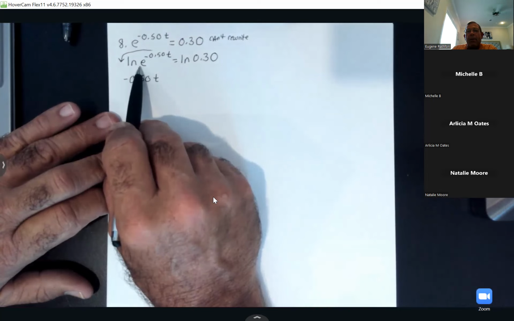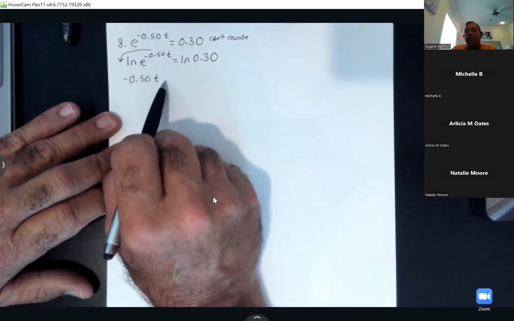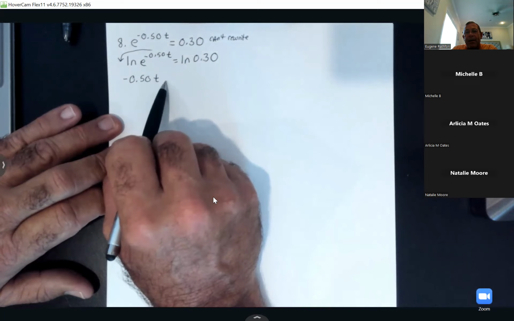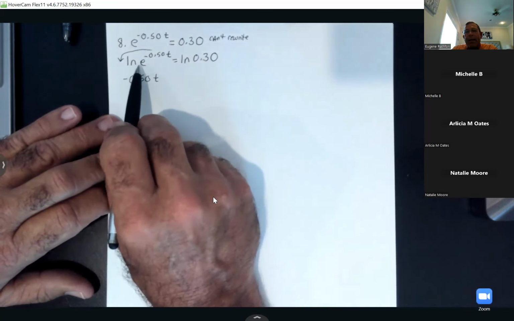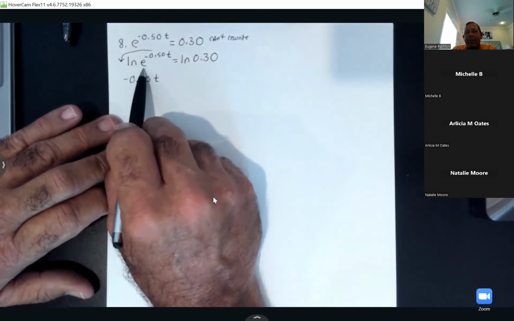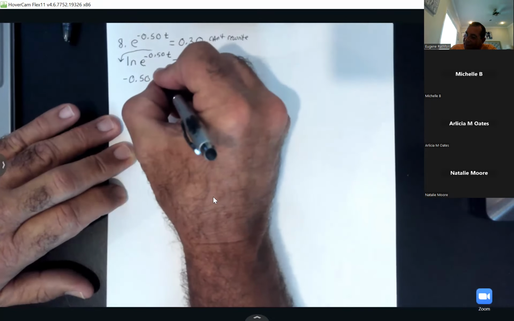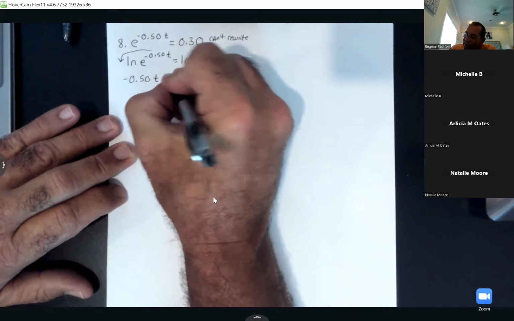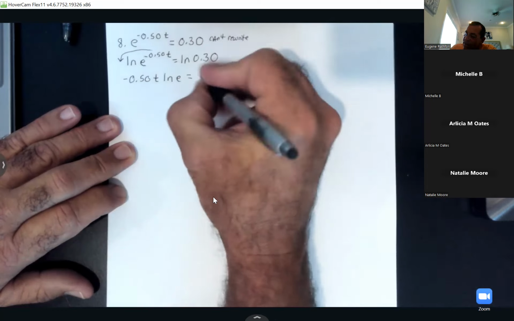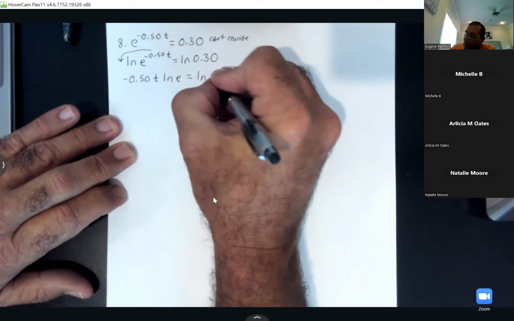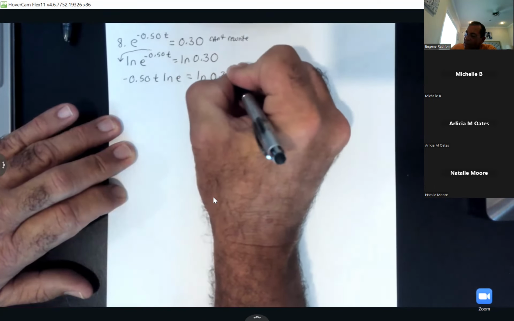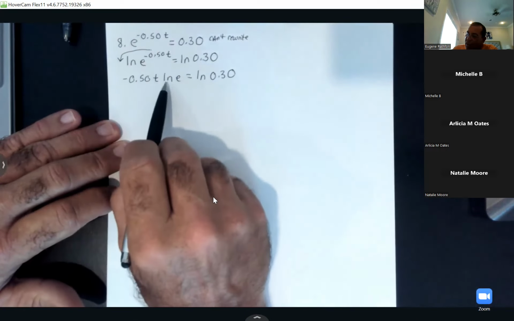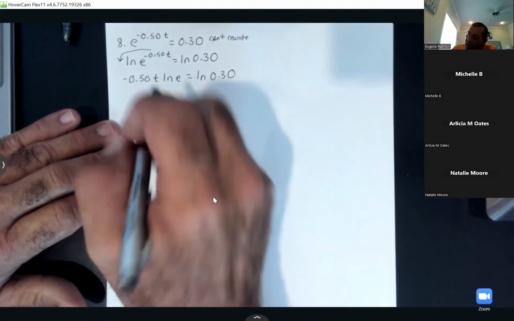Now, do we even need to rewrite that ln of e here? Because y'all know what the ln of e equals. But let's bring it down just for a second. And then on the right side, we got our ln 0.30. So remember, ln of e equals 1, so I can move it out.